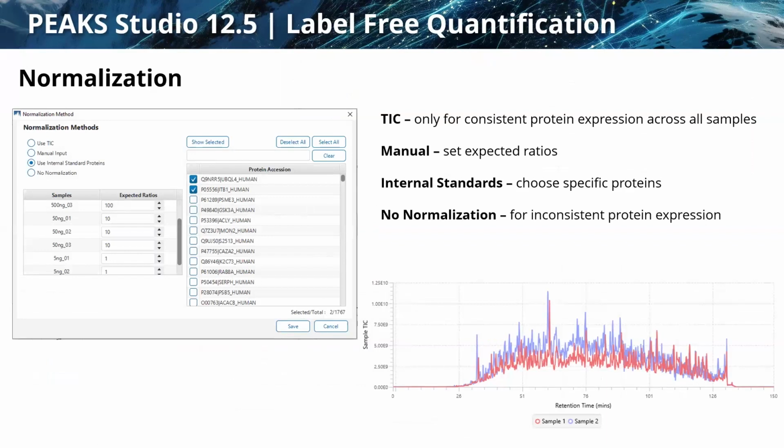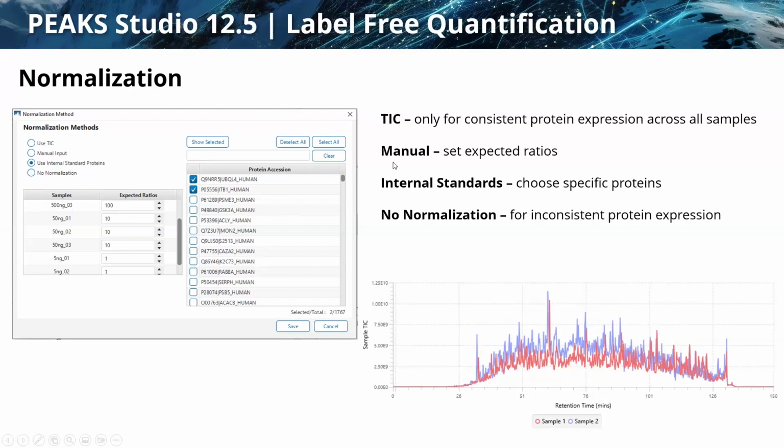So if you have the majority of maybe housekeeping proteins unchanging across all of the samples, and approximately the same number of up and down regulated proteins across the different samples. Essentially, you're looking for the total ion current to be the same across samples. That's what you're expecting, and TIC normalization is good. It'll calculate the normalization factors, assuming that these should match.